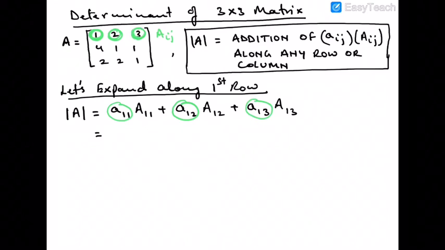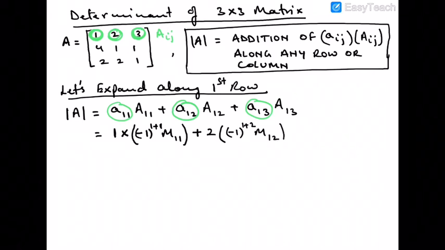Therefore, 1 times the cofactor of A11, which is minus 1 to the power 1 plus 1 times the minor of A11, plus 2 times the cofactor of A12, which is minus 1 to the power 1 plus 2 times M12, plus 3 times minus 1 to the power 1 plus 3 times the minor of A13.